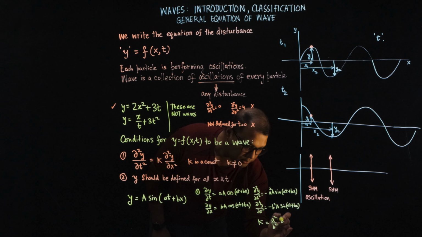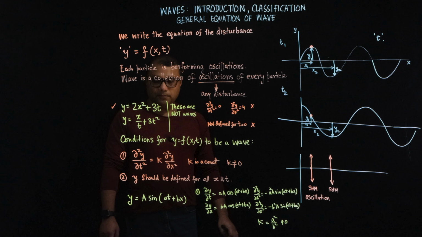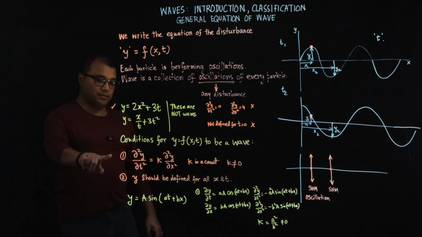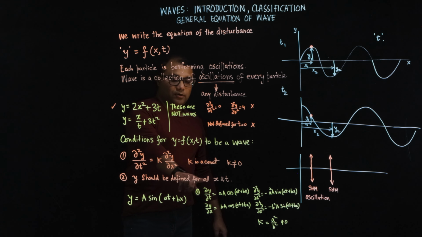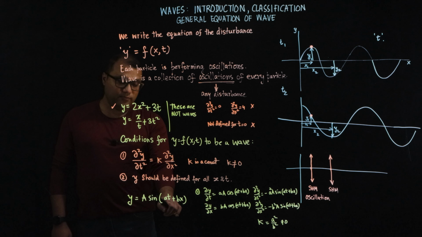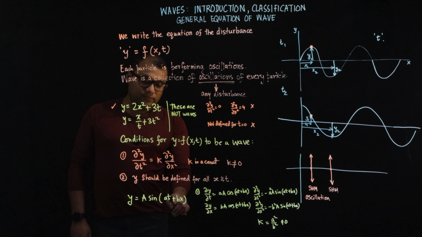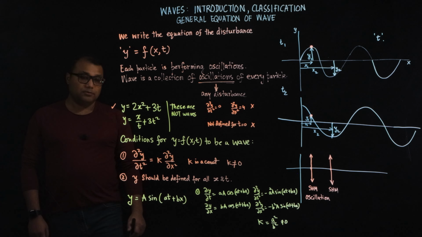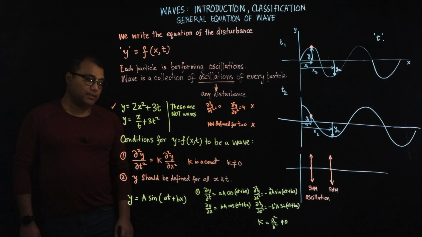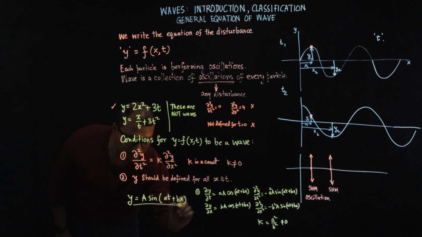Yes, and this is not equal to 0. So therefore, this condition is satisfied. Now is y defined for all x and t? Sine of any value lies between minus 1 and 1, so it's defined for all t and x. So this condition is also satisfied. So therefore, this is a wave.